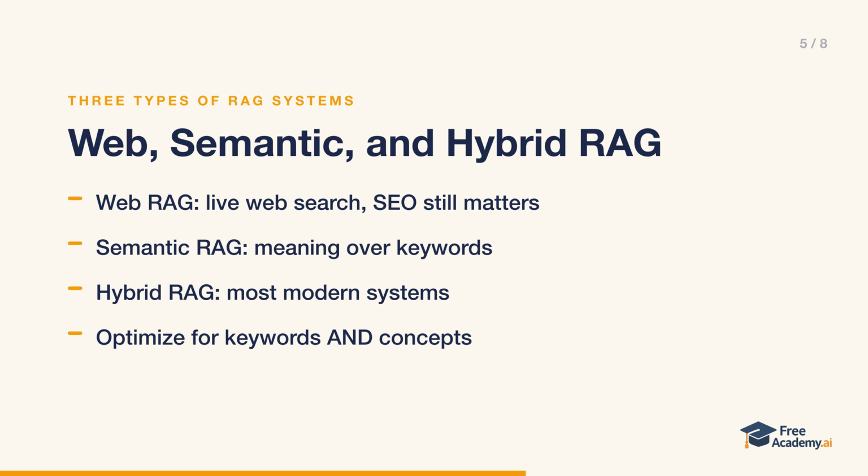There, the meaning of your content matters more than exact keywords. And hybrid RAG, which most modern systems use, combines keyword search with semantic search and multiple retrieval strategies to balance precision with recall. The takeaway is simple: optimize for both keywords and concepts, because most systems check both.